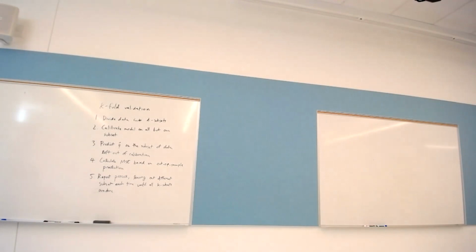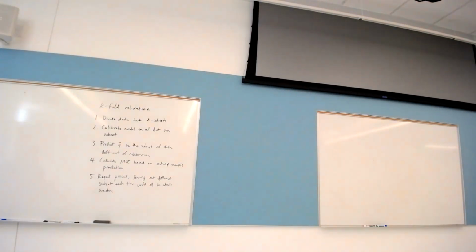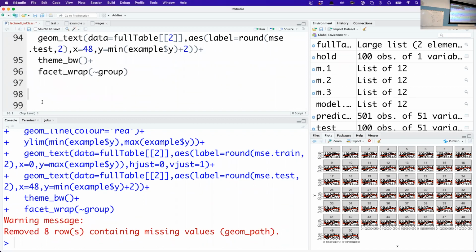So let's build this. We'll move this back down, turn this on, share the screen. Okay. So k-fold cross-validation.